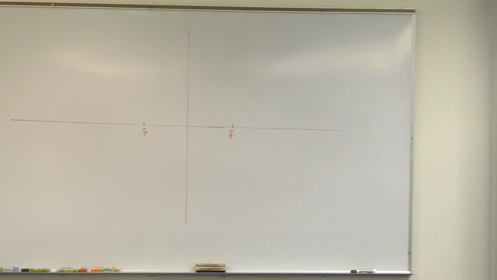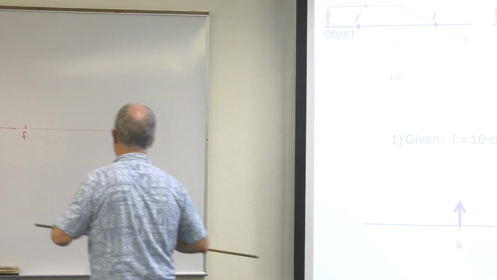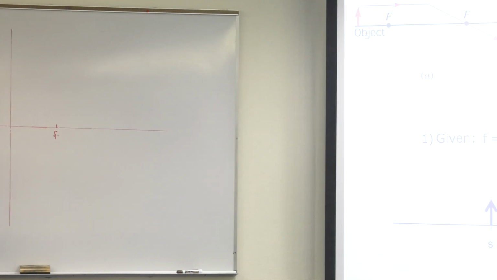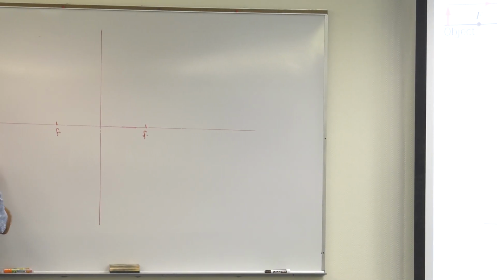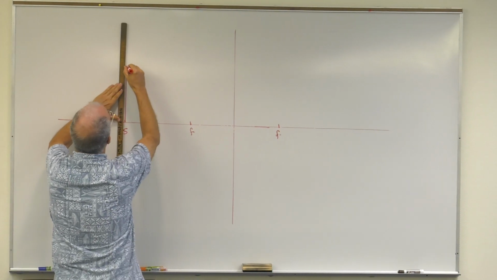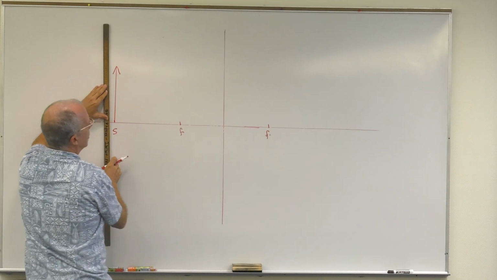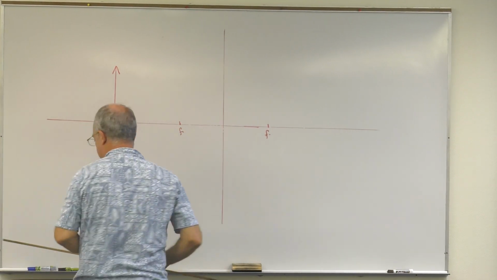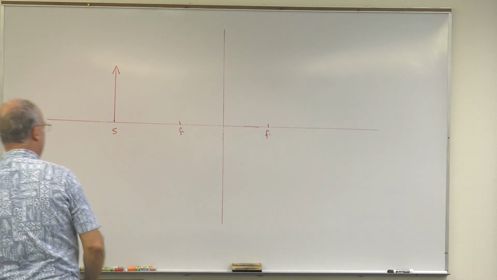Remember, the S is the object, 25. So that was 10, 20, 25. So there's 25. And don't just make it big. So just make the object big. So that's the object. So this is the lens. This is the object.